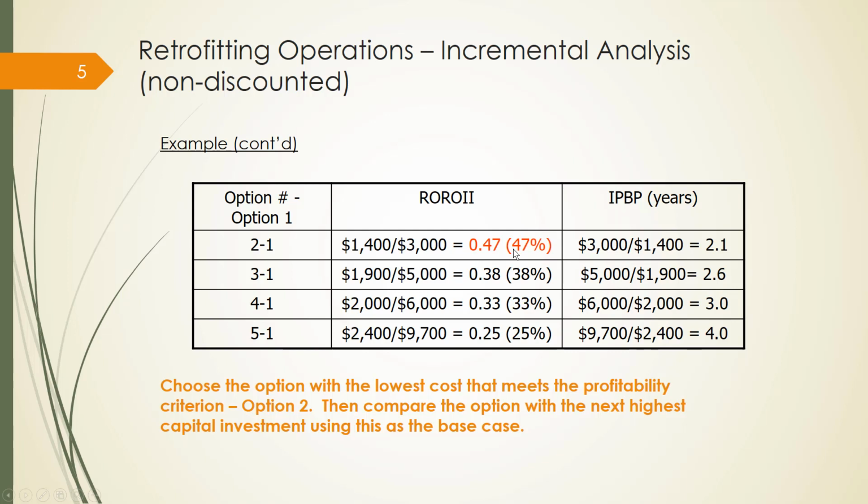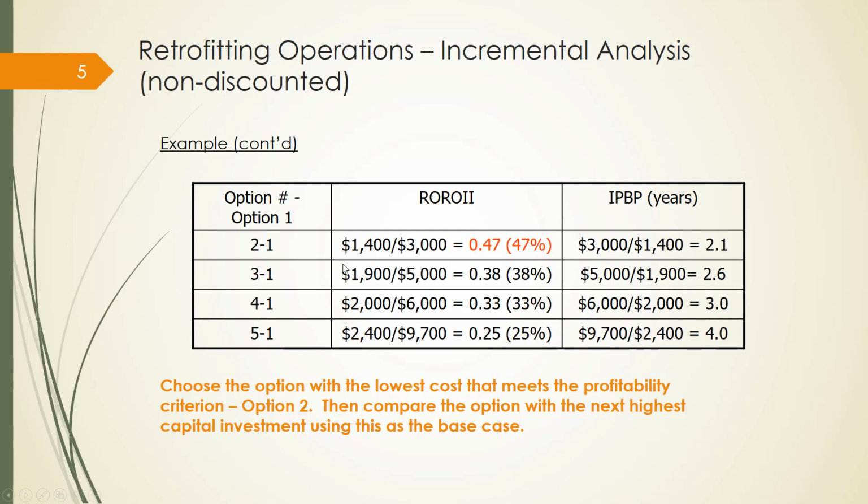What we see here is that option 2 has the best rate of return when compared to doing nothing. And it's good. It's much higher than the 15% we were told we were looking for. We also have our incremental payback period of 2.1 years. Remember, in payback period, we want the fewest number of years. So option 2 right now is the one with the lowest cost that meets our profitability criterion.